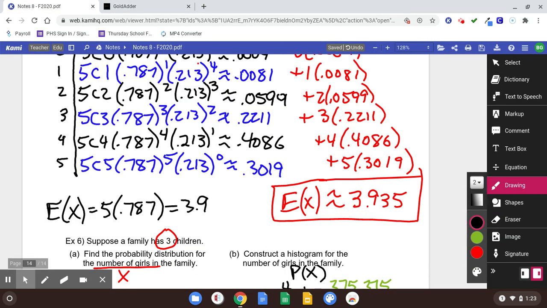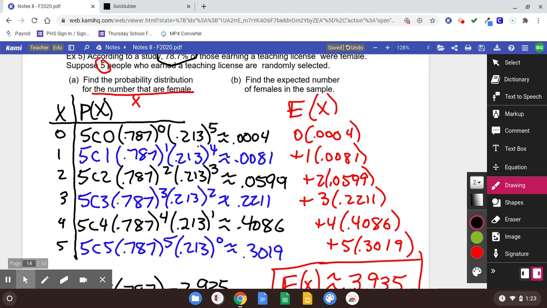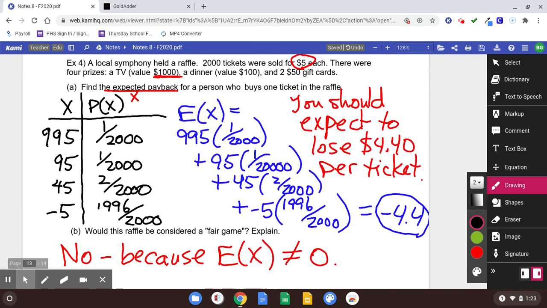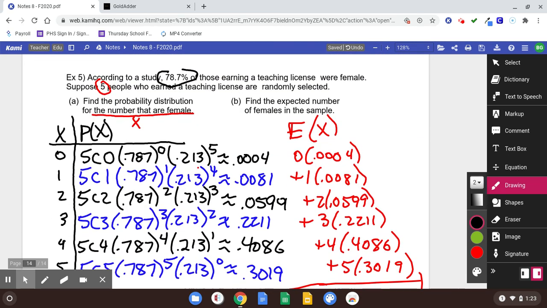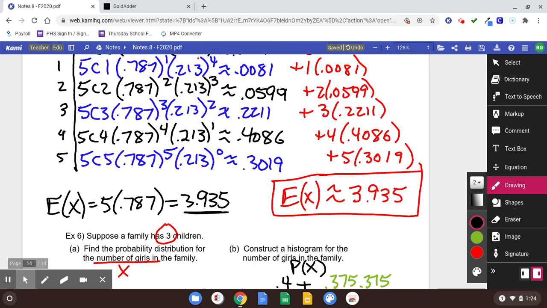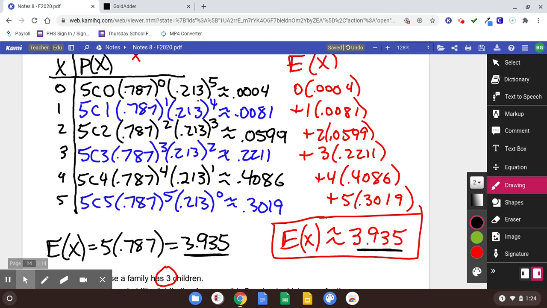Okay, so remember, this only works for binomial experiments, so you couldn't have used it in some of the other examples, especially not this one. That's not a binomial experiment. But if you recognize it's a binomial experiment, you've got this simpler equation for finding expected value. If you don't recognize it, though, you can always do the other way, the long way.